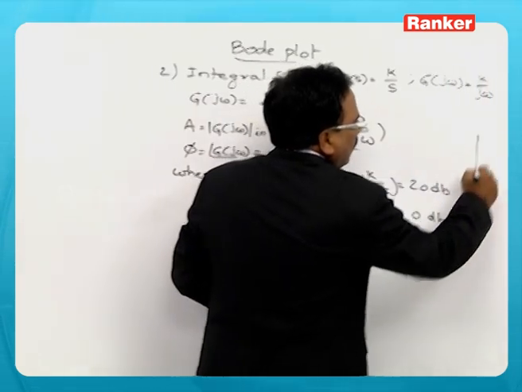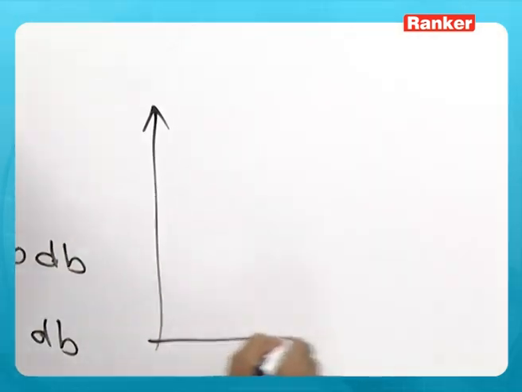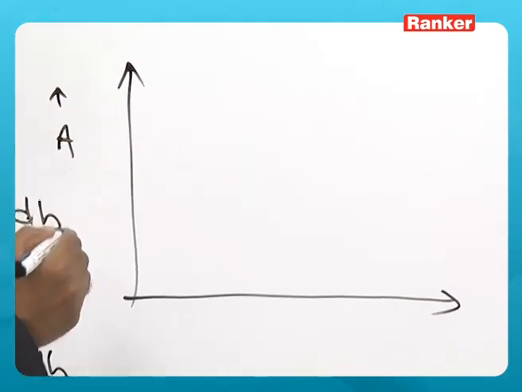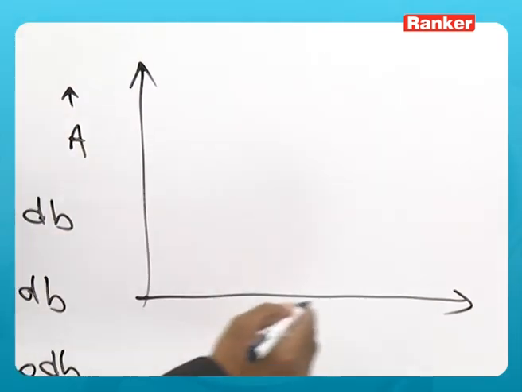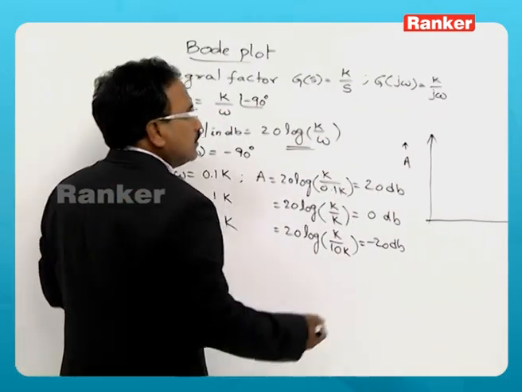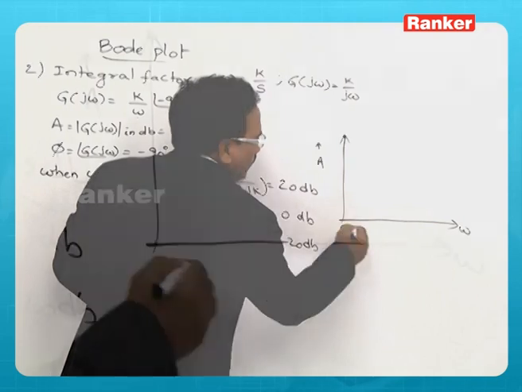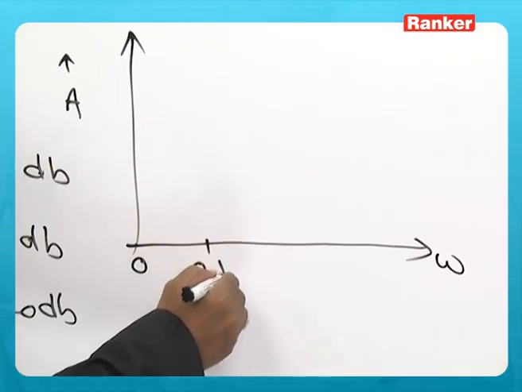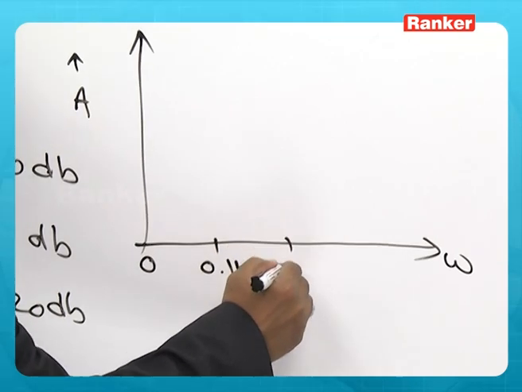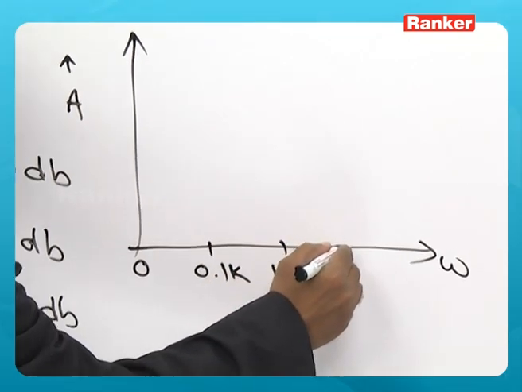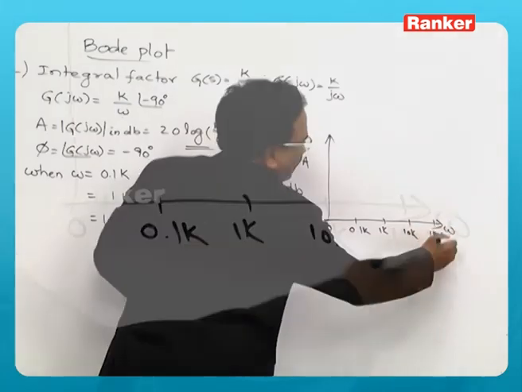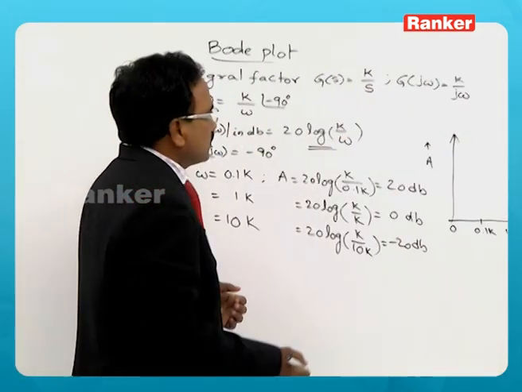This means, if you want to construct the magnitude plot, A in decibels on the y axis and the frequency on log scale for different values of ω, say 0.1 K, 1 K, 10 K, 100 K and so on. Frequency is taken on log scale.